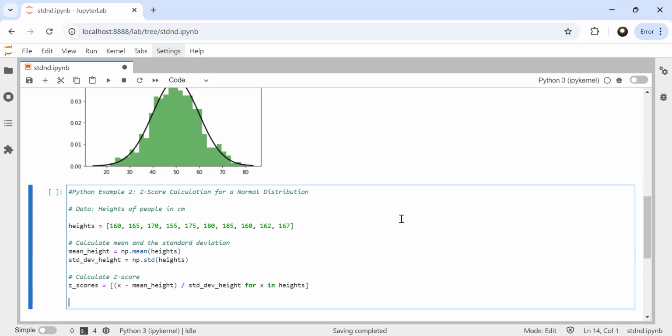Now I have to print the mean, standard deviation and z-scores.